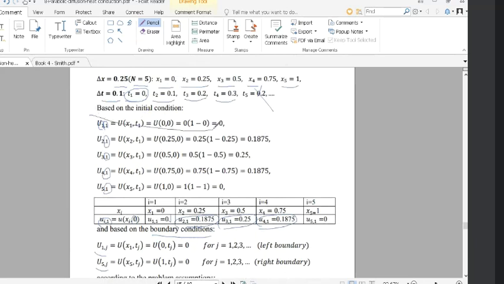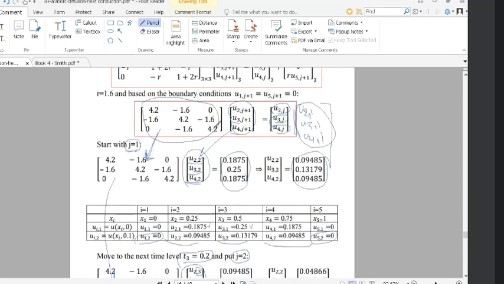For U2,1 we put the value 0.1875. For U3,1 we have the value 0.215. For U4,1 we have the value 0.1875.